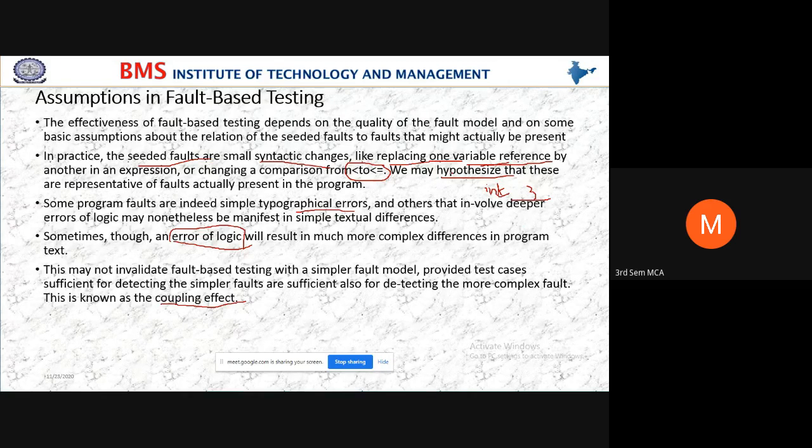So while declaring a variable I may do some mistake, in the syntax also, and when I write an expression, there also I may do some mistake. Once I run the program, only then I'll come to know what mistake I have done.